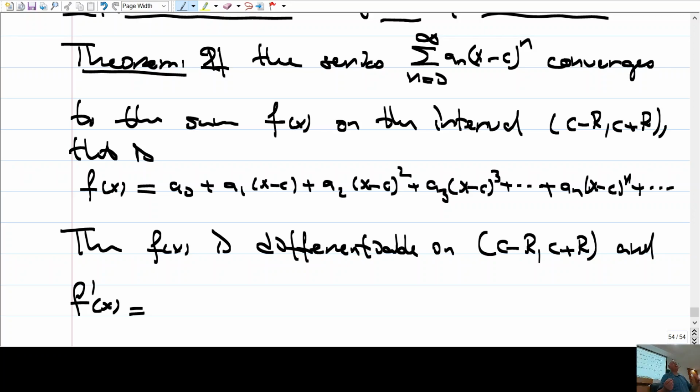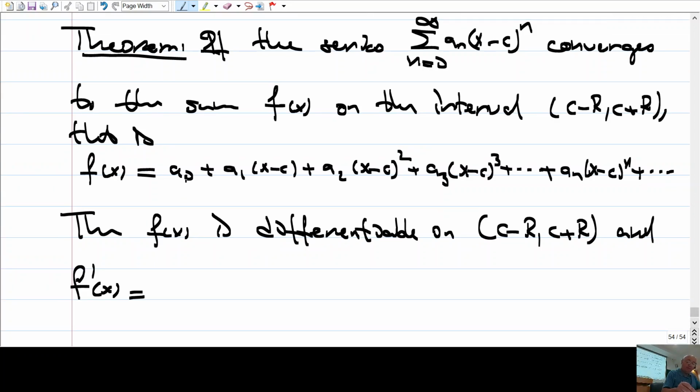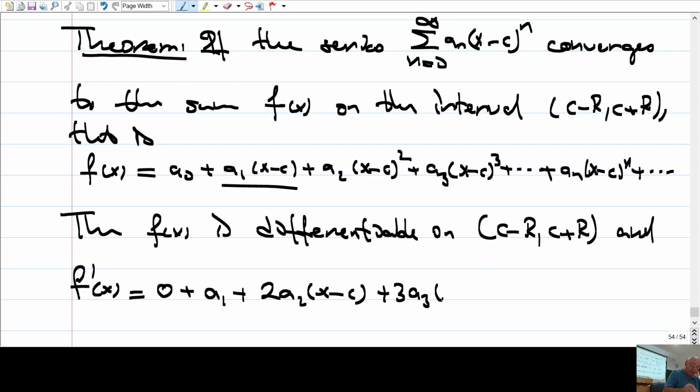You take the derivative of this as if it's a polynomial. What is the derivative of a0? A0 is a constant, so its derivative is 0. Plus the derivative of this is just a1. Then the derivative of the next is 2 a2 (x minus c), and then 3 a3 (x minus c) squared.